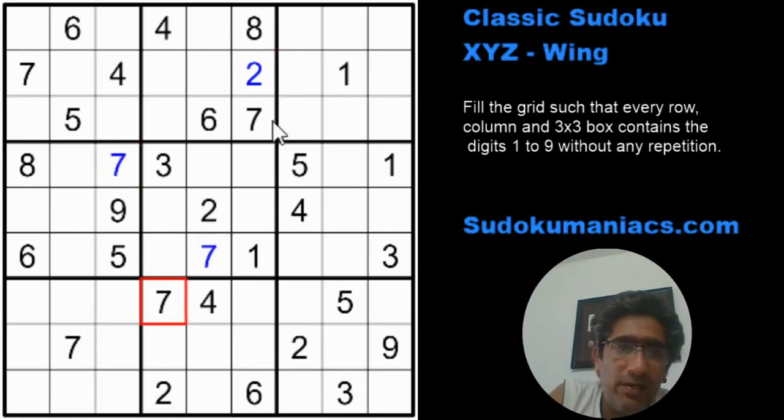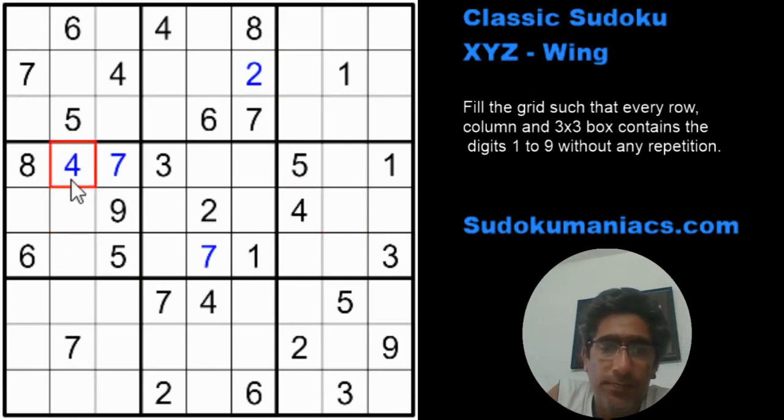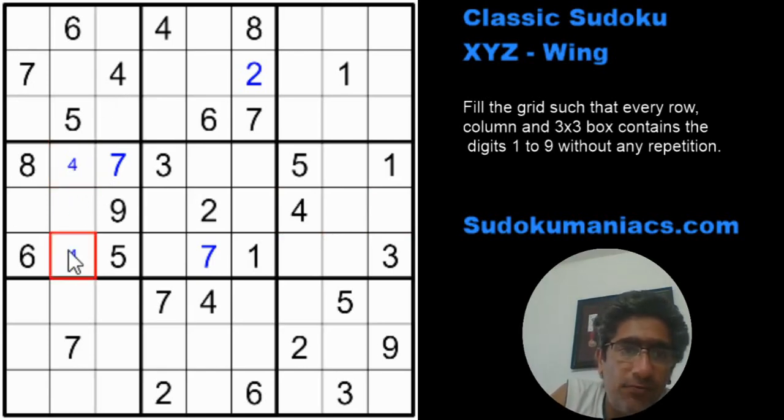This becomes a 7 because of these two 7s, and 7 would be logged in this. 4 is logged in this. Okay, I have a 4 here and a 4 here, so 4s have to be in these two, and the 5 also cannot be here, so this has to be my pair of 4 and 5.